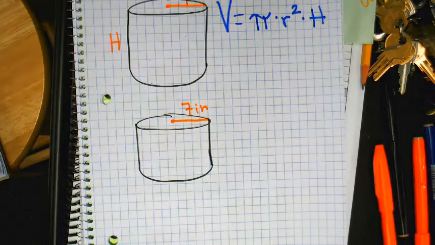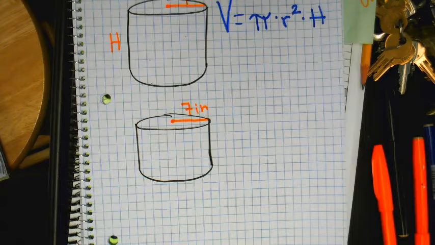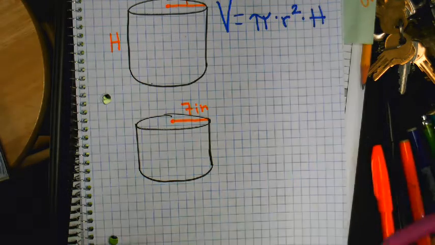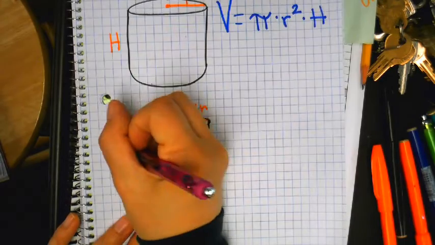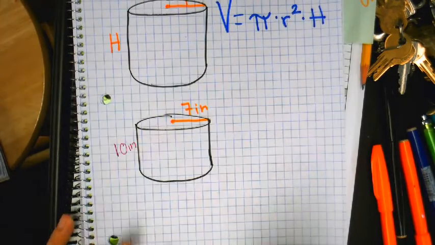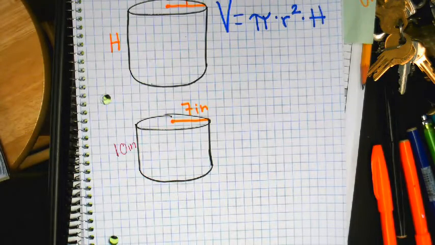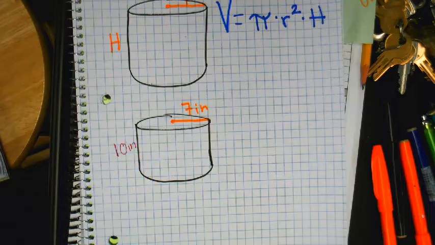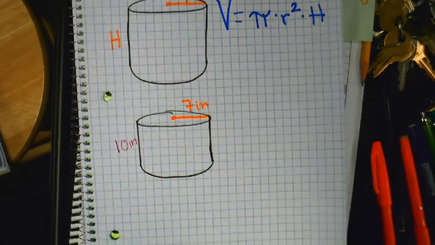On your do now, does anybody remember what the radius was on the do now? No. Yes. So it's literally the same question on the do now, but this one is 3D. There's some height to it. And the height is going to be 10 inches. So you already have this problem halfway finished if you did number 2 correctly on the do now.